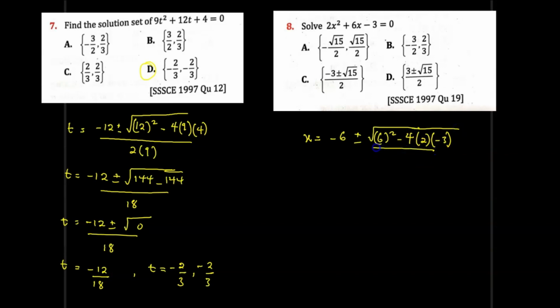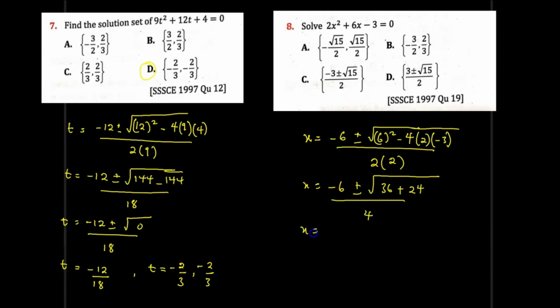And in this case, all this must be divided by 2 times 2. Simplifying, we will have x equal to minus 6 plus or minus square root of 6 squared, which is 36, minus 8 times 3. The negative will make it plus, so we are going to have it as 24, 8 times 3, 24, all divided by 4.